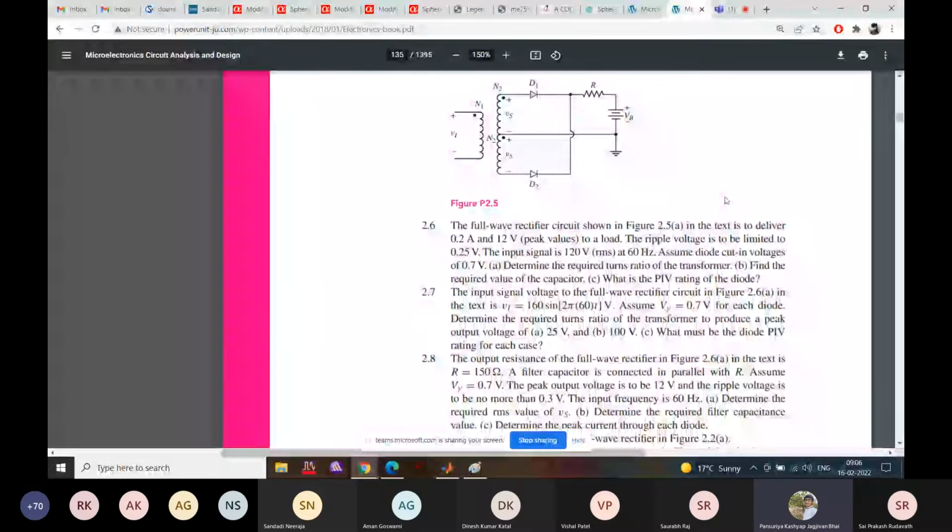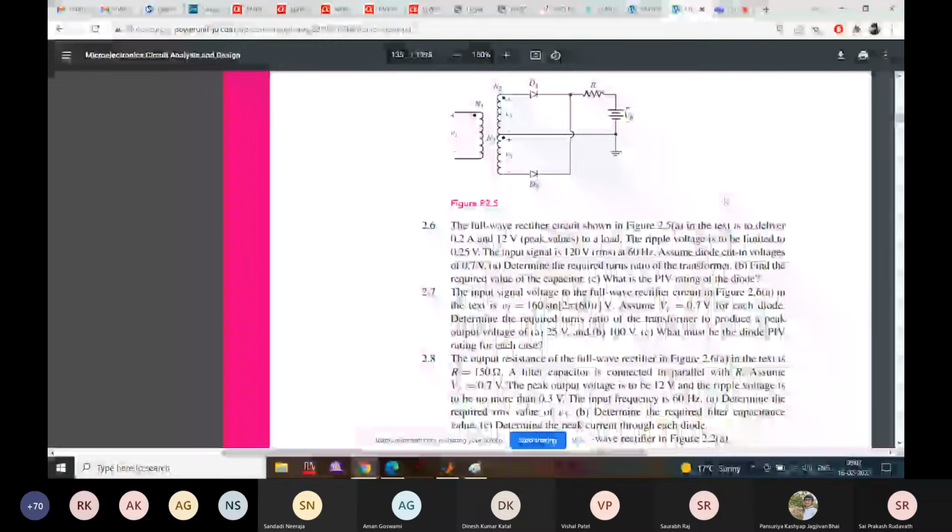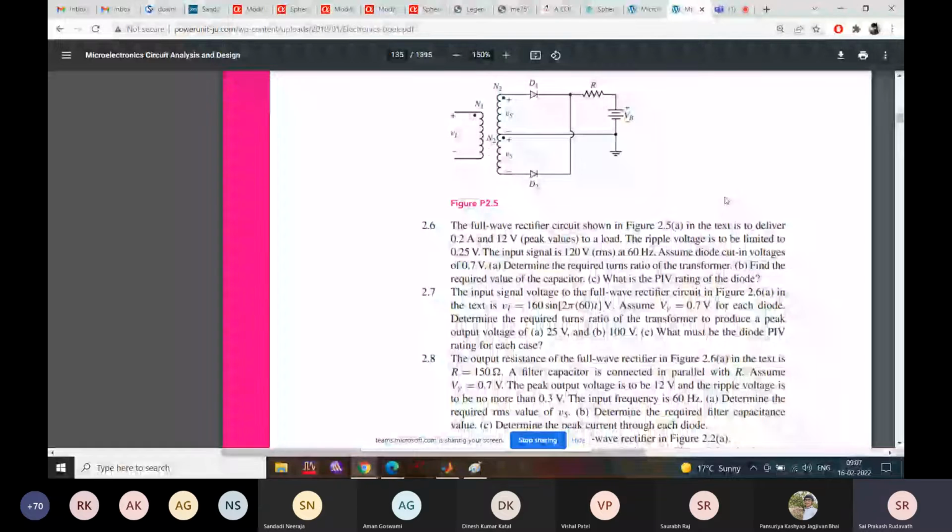Sir, Vs is V0 minus V gamma, right? Vs minus 0.7 minus 12 is equal to 0.